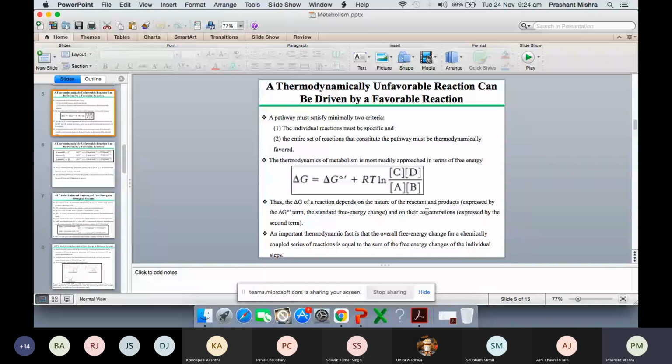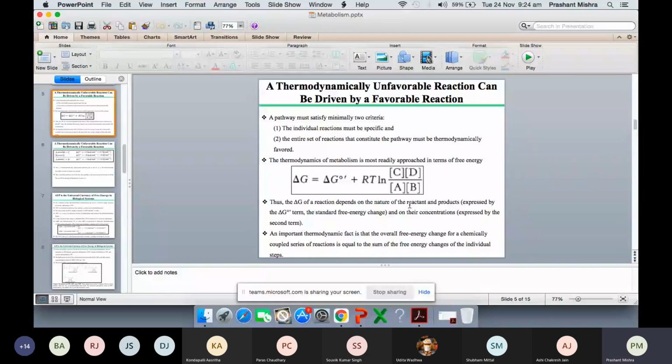So if any reaction is happening in the test tube, and if it is happening inside the cell, if the concentration of your C and D, that means the product, and the concentration of reactant are different in two different environments, you will find the delta G will be different.